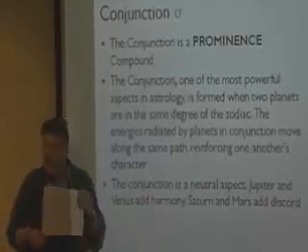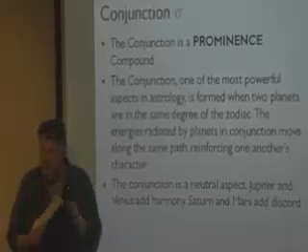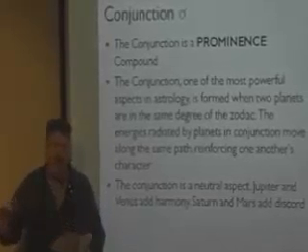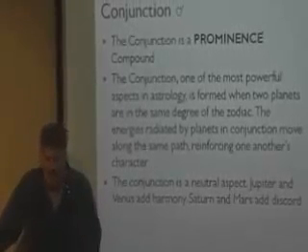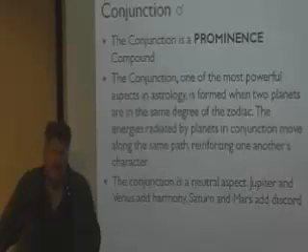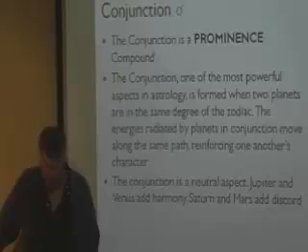These are Hermetic orbs. Now, orbs can vary when you study astrology depending on the school of astrology that you attend. Orbs can vary from size to size. In Hermetic astrology, we're very fussy.